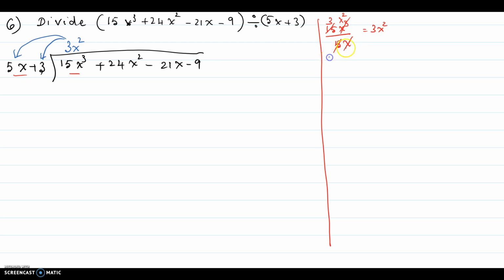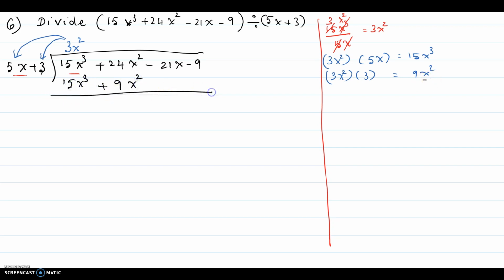So 3x squared times 5x is 15x cubed, then 3x squared times 3 is 9x squared. So we will write 15x cubed, then 9x squared in the second row.